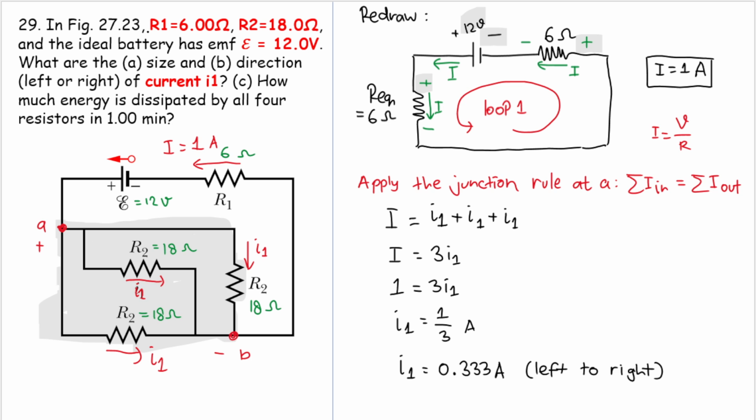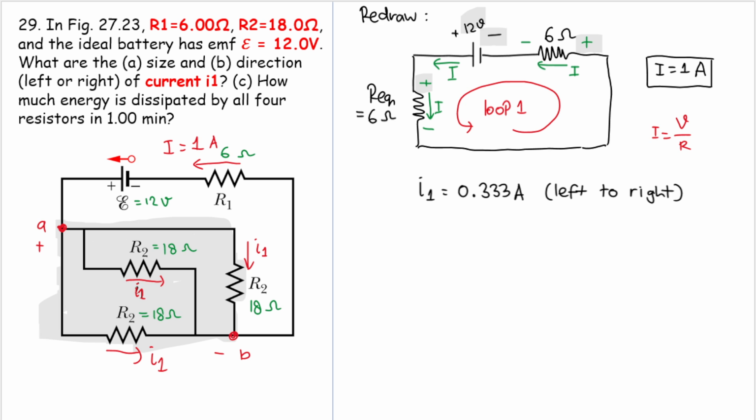However, we still need to find out how much energy is dissipated by all the resistors. So here that is the answer for questions A and B. But for question C, we need to look at this simplified circuit because energy is equal to the power multiplied by time, right?